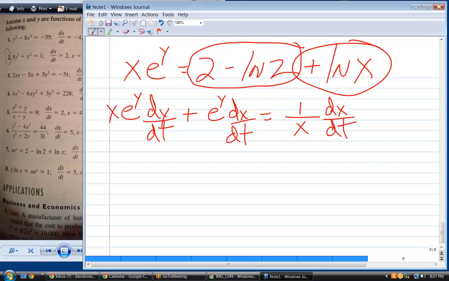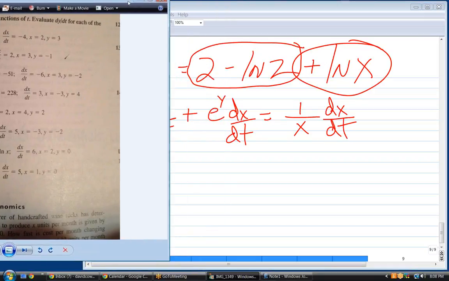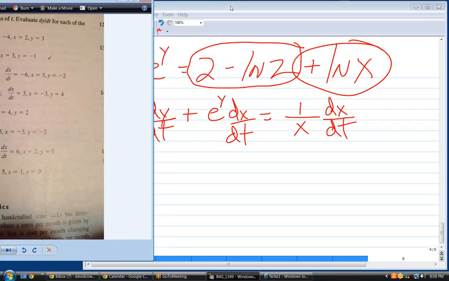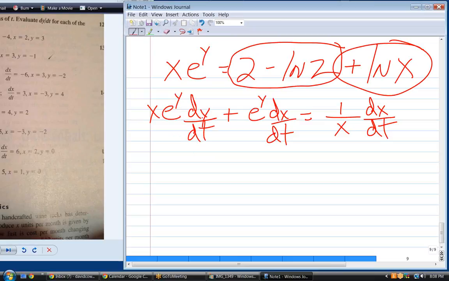Might as well do the same thing we've been doing, huh? In other words, substitute first. Even though I could easily solve this for dy dt, all I've got to do is move this over and divide by that. But why go to all that trouble?